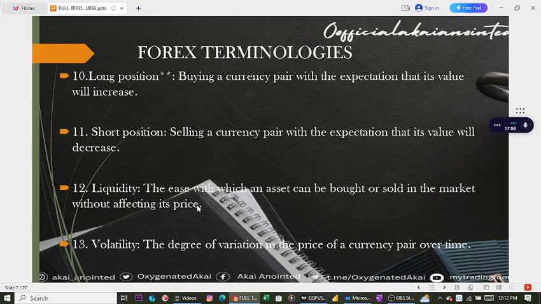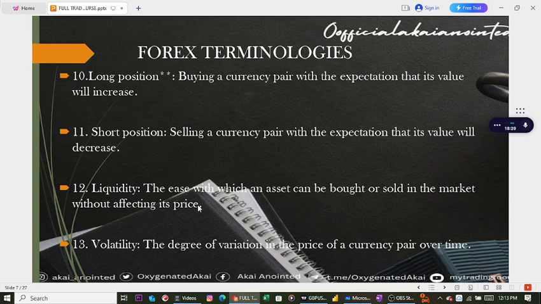So over here we have liquidity. Liquidity and volatility are almost the same, but there's a little difference, which I'll explain in the next class.